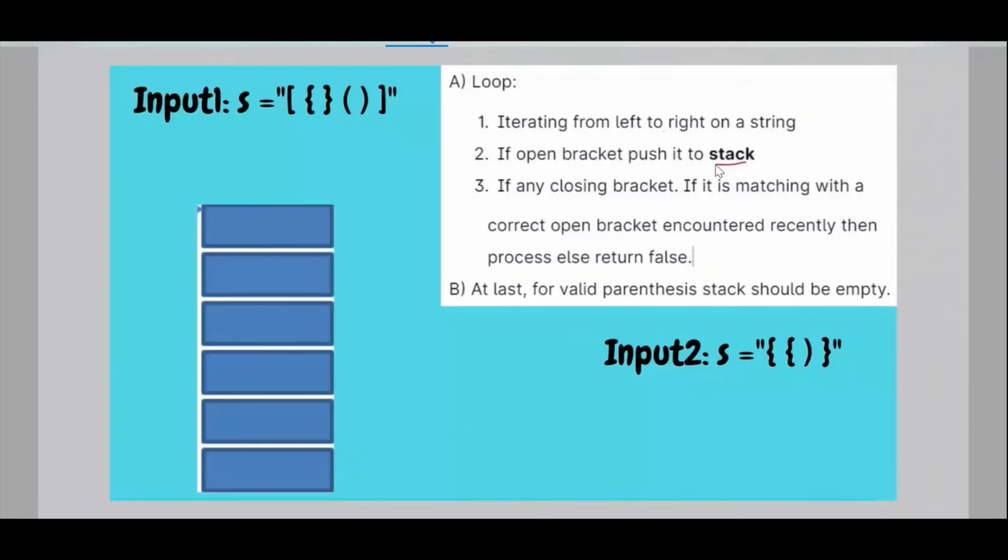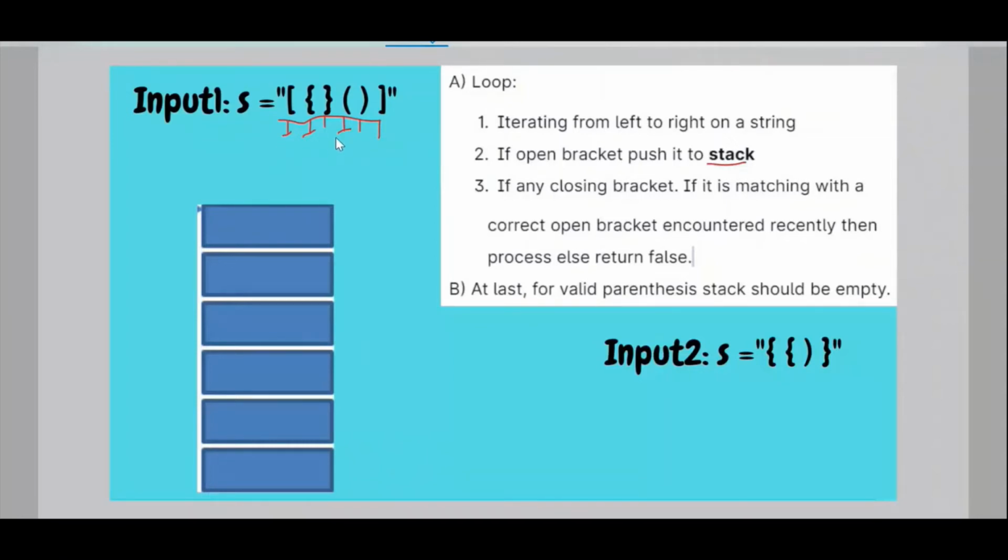Now, why are we using a stack? So let us see this example. In this example, we can see that we have this bracket. So we're pushing that into the stack, then this. Then we can see that there is a closing bracket. So we have to check with this. There's an open bracket, we have to push it, and this is the closing bracket, we have to check with this. So the opening brackets we'll be entering, and now if this is the closing bracket, this is the thing which we have pushed into the stack.